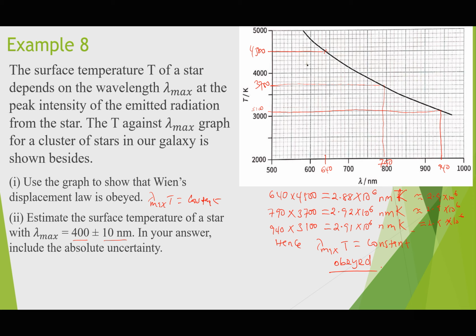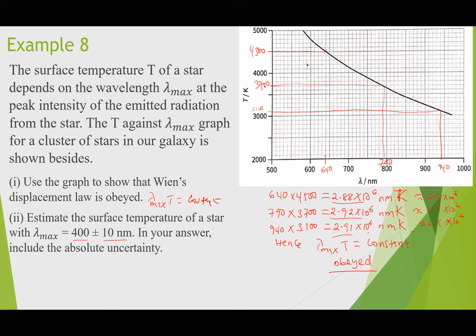To two significant figures it is obeyed, but to more than two significant figures the values are different, so someone could argue that it's not obeyed. If you want to say it is obeyed, you must round off to two significant figures before you conclude. To two significant figures, lambda max times T is equal to a constant, hence it is obeyed. But if you don't want to say it is obeyed, then you can consider this number of significant figures.